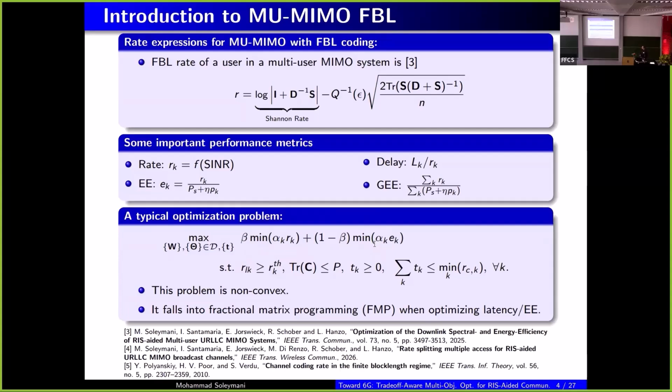What you can see here is that we would usually have a complicated problem. Then you have multiple constraints. Most of these constraints are not convex, so the problem would not be a convex problem. And mainly since you deal with fractional functions, and in case of MIMO or having, for instance, RIS, you have to optimize matrices, so it would fall into fractional matrix programming.